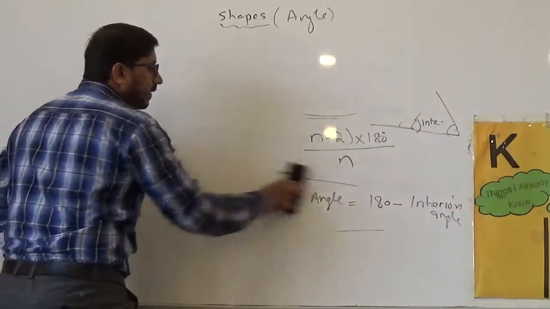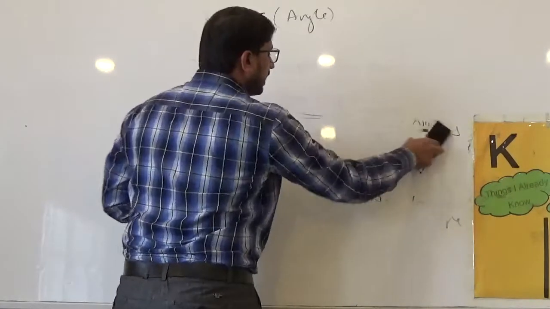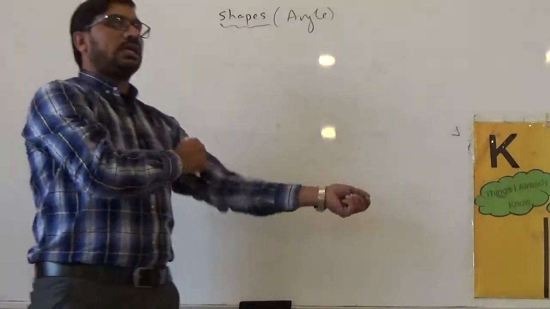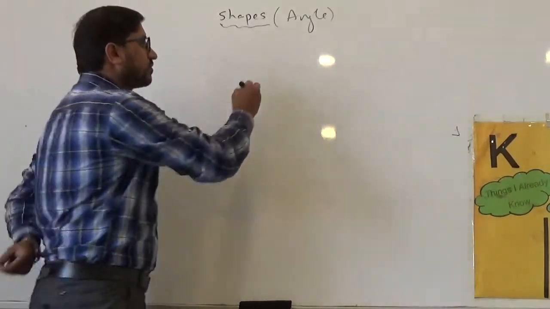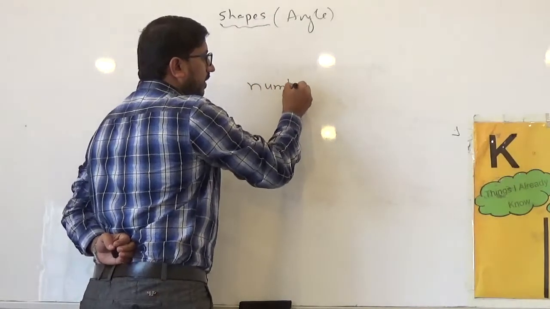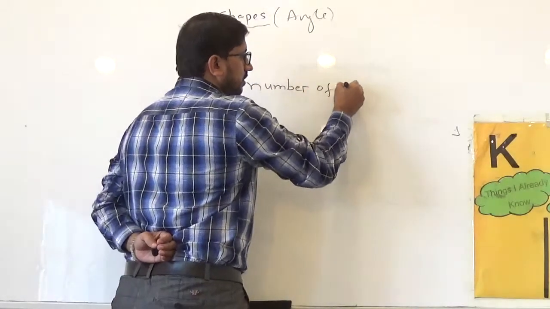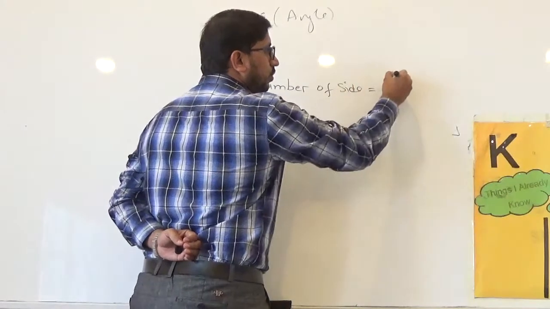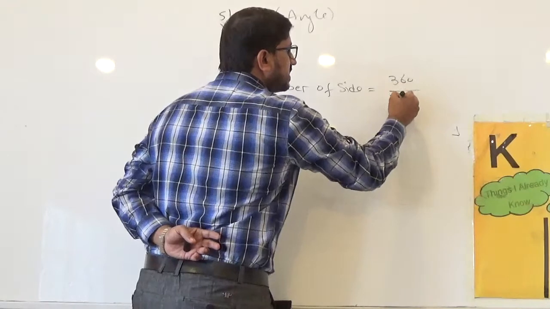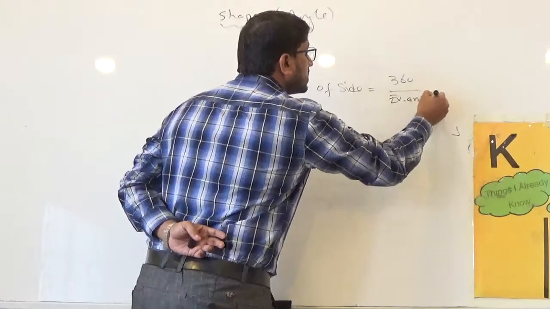Moving ahead: how can we calculate the number of sides with the help of the exterior angle? Given a particular exterior angle of a polygon, how can we find the number of sides? That is equal to 360 divided by one exterior angle.